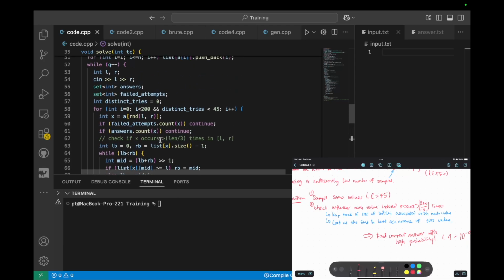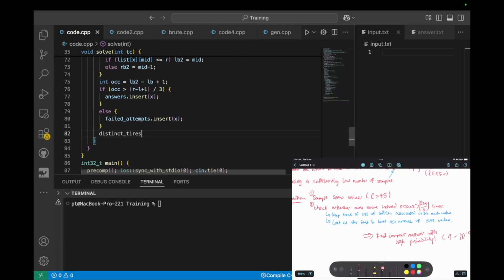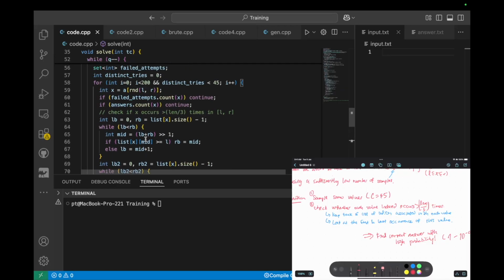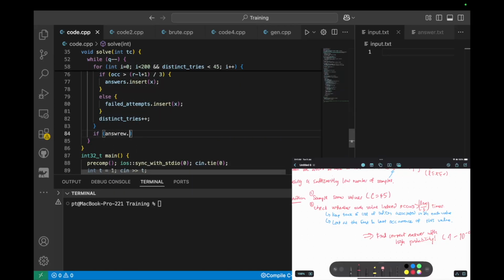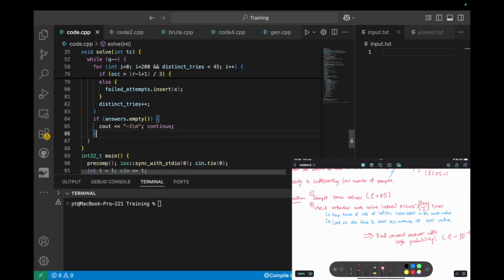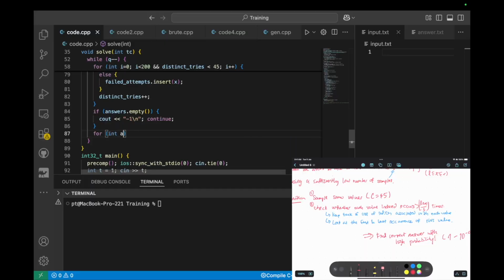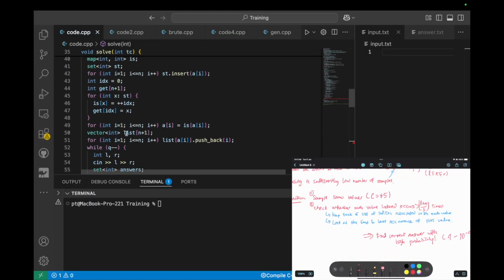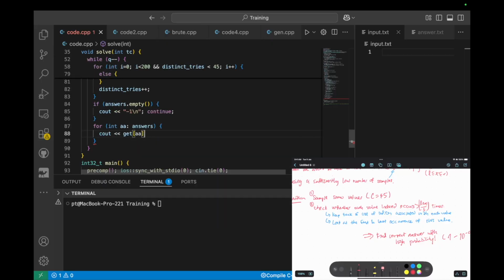And of course, we need to increment the number of distinct tries by 1. So that is it. We finally just need to actually answer the query. If there's no answer, no solution, then output -1. Otherwise, output all the answers. But remember, we have discretized our answer and we need to get back its original value.